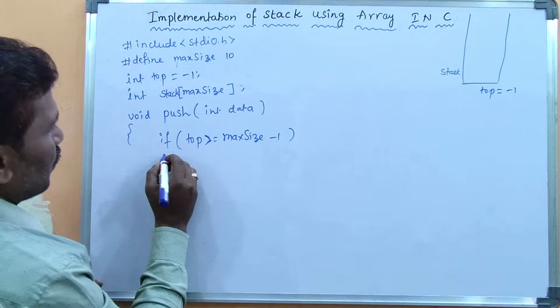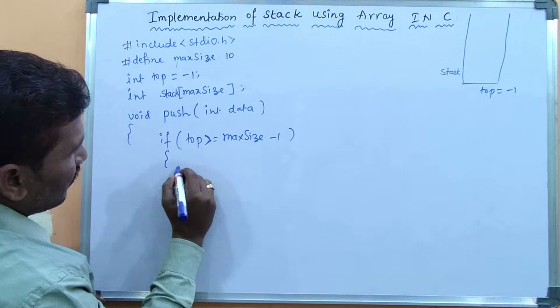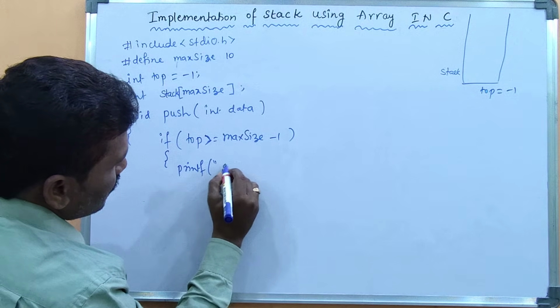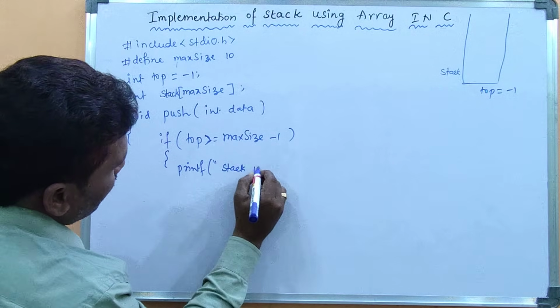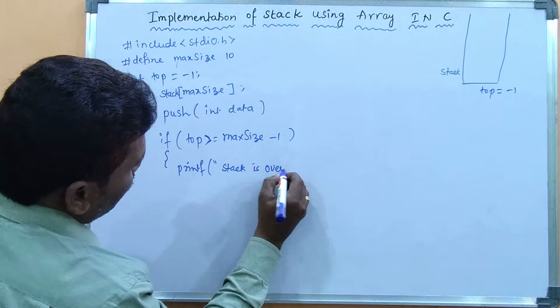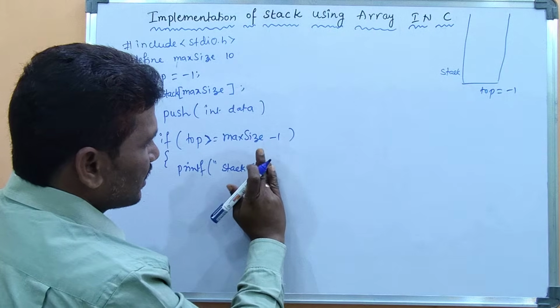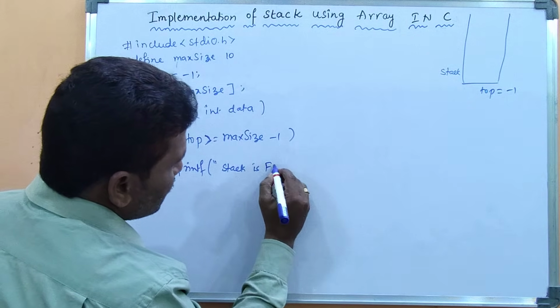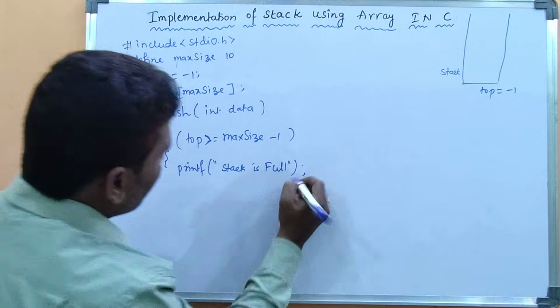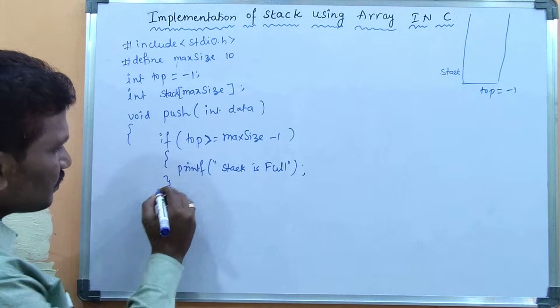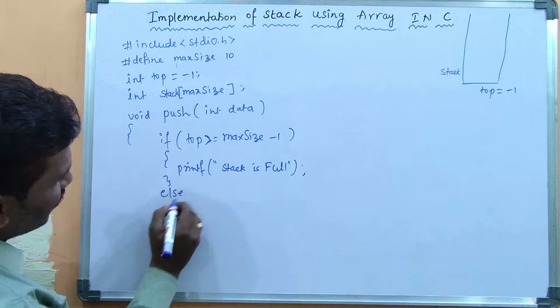If the condition is true, the stack is overflow. Then with printf, you can display the message: stack is overflow, or simply stack is full. Got it? Otherwise, we can insert the data into the stack.